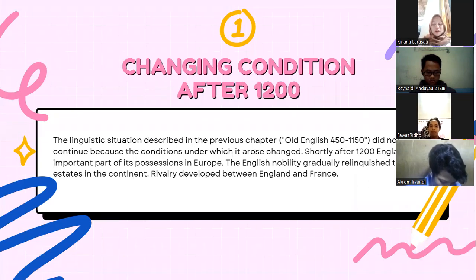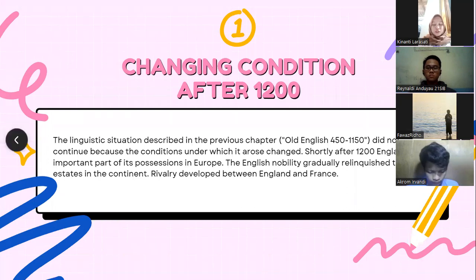A. The loss of Normandy. Normandy was the chain linking England to France, but it was broken in 1204, when King John lost Normandy after a French court confiscated his territory.